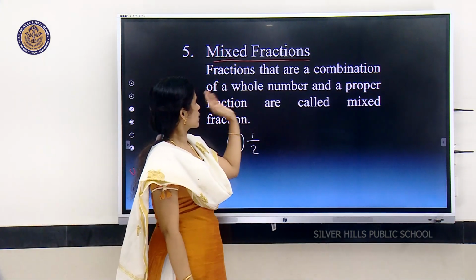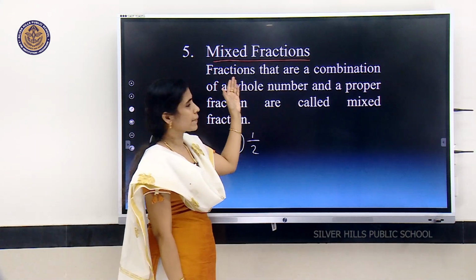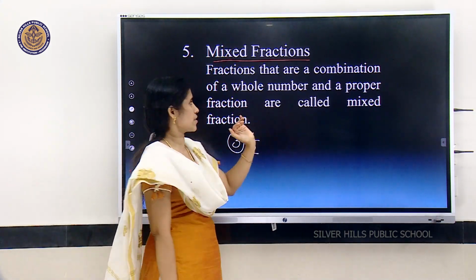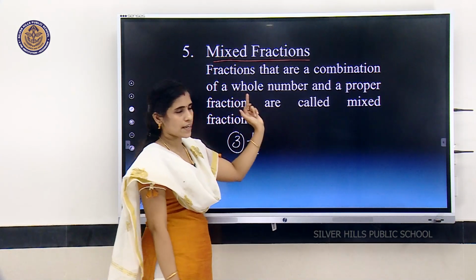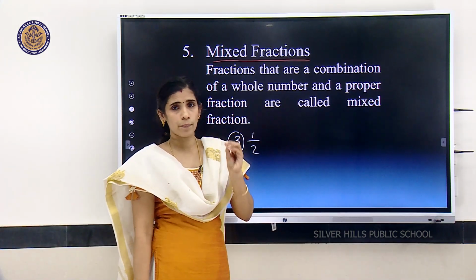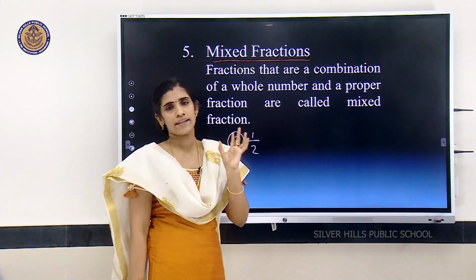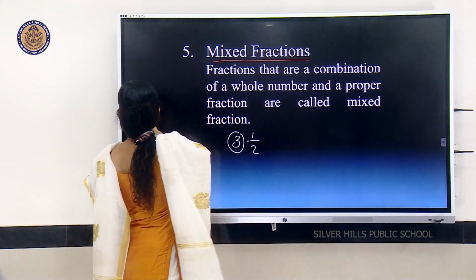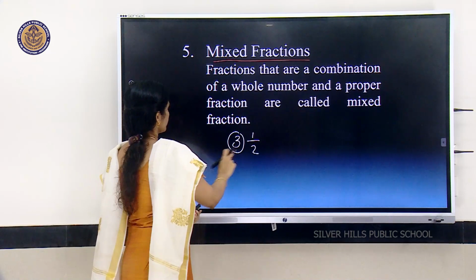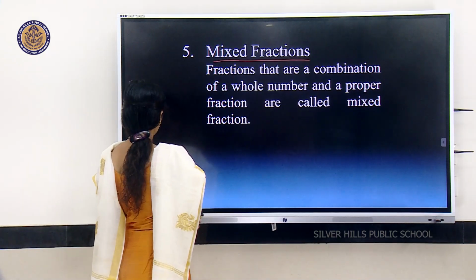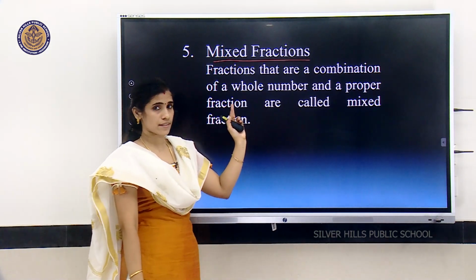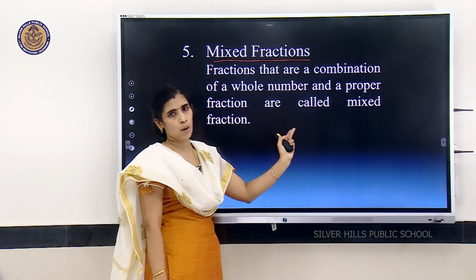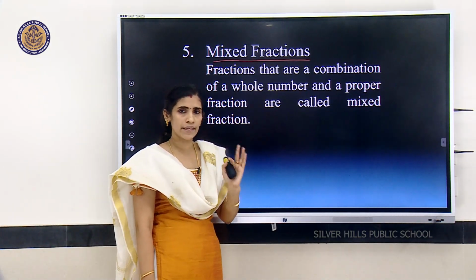And the last type of fraction is the mixed fraction. That means fractions that are a combination of a whole number and a proper fraction are called mixed fractions.